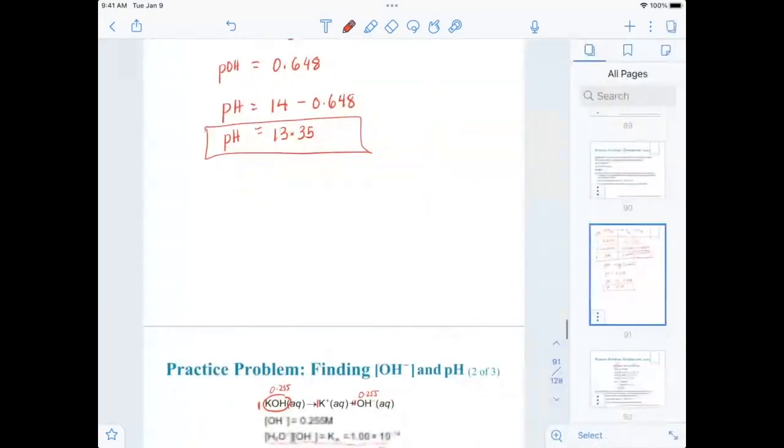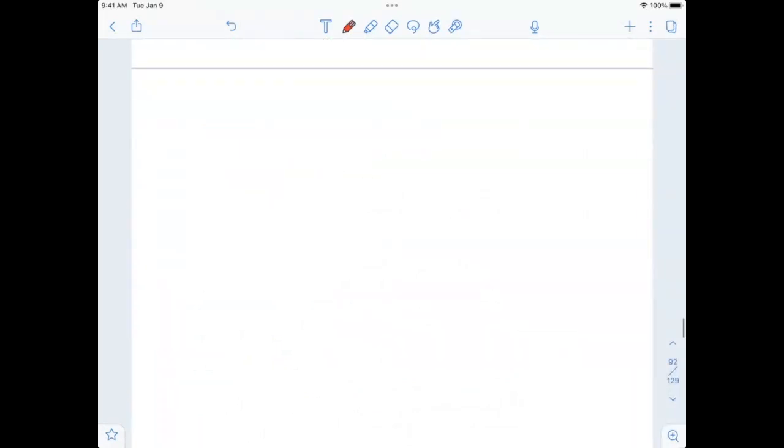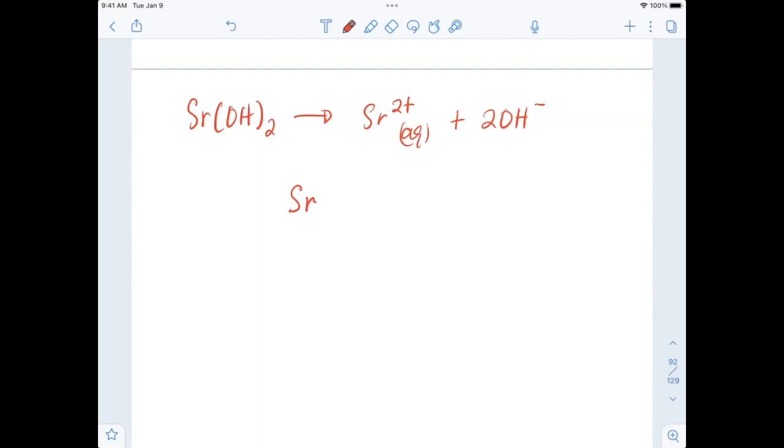For the next part here, we're doing strontium hydroxide. So let me go ahead and add the page here. I'll do it on this page. Strontium hydroxide. This is a group 2 hydroxide. So for this one here, you have strontium ion. This is group 2, so it's going to have a charge of +2, plus twice the amount of hydroxide, right? Every formula of strontium hydroxide holds within the formula 2 hydroxides. So real quick, just in case you're wondering, you can look at it like this. The central atom being strontium, and there's a hydroxide here, a hydroxide here.